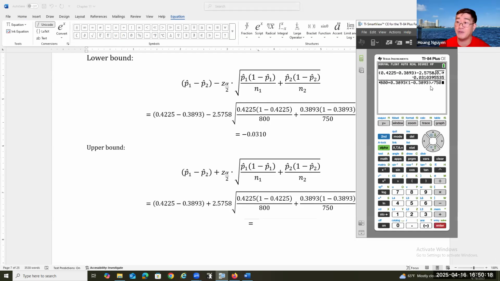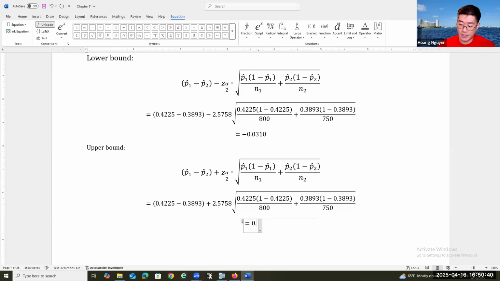It's going to copy the previous entry that you just had. And then you're going to go back to the subtraction in front of the 2.5758. I'm going to change that subtraction to addition, and hit the enter key one more time. Okay. So the upper bound is going to be 0.0974.